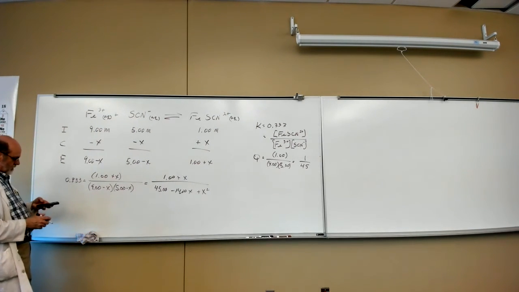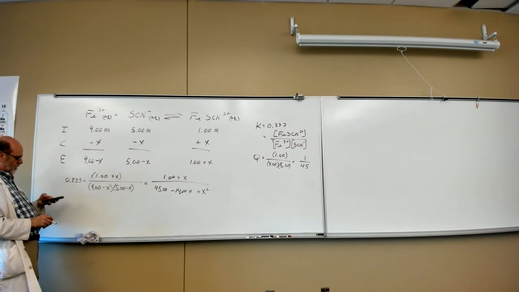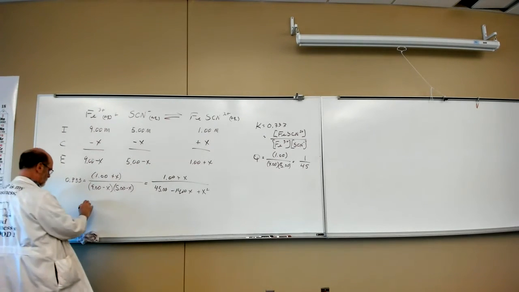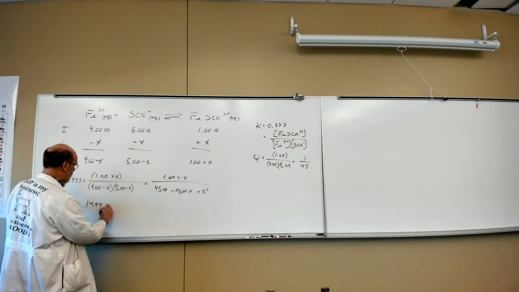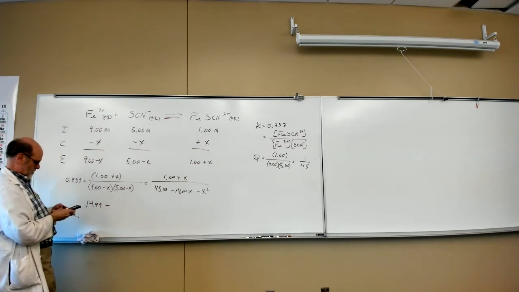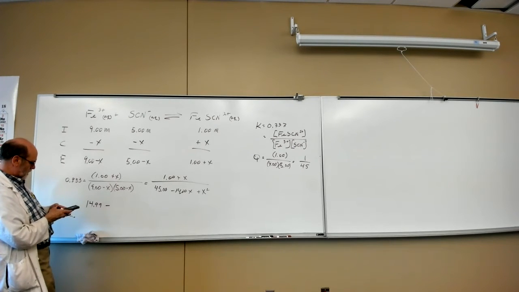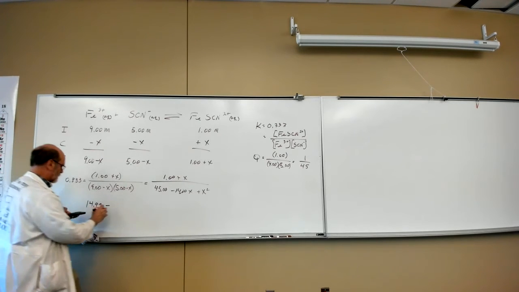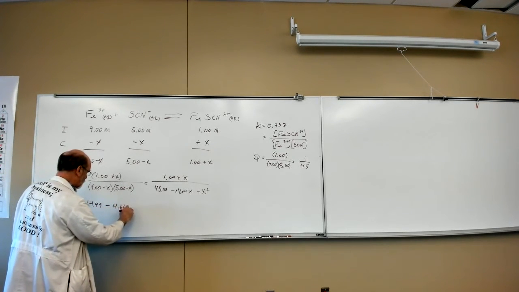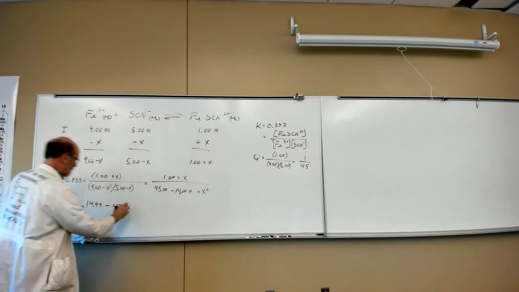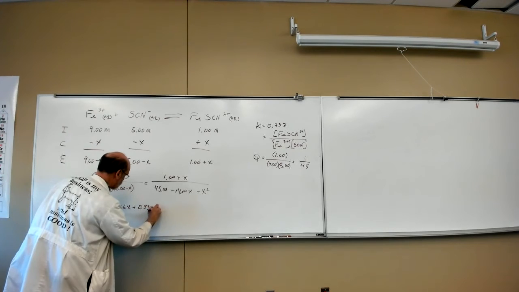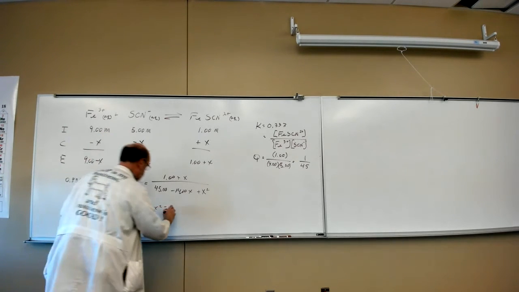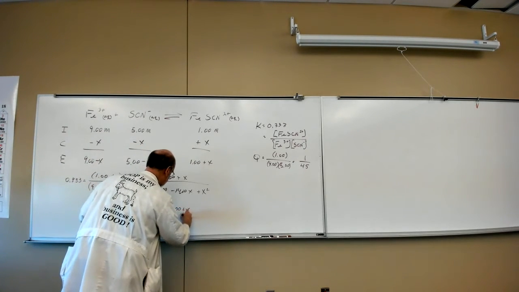So 45 is 14.99 minus 4.66x, and then 0.333x squared. And that's equal to 1 plus x.